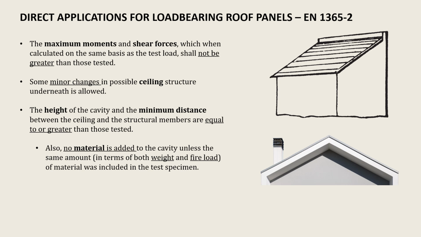Another condition is that the cavity height and spacing between the ceiling and structural members must be at least equal to or greater than the tested values. Finally, no additional materials can be introduced into the cavity unless the same weight and fire load were accounted for in the tested specimen.